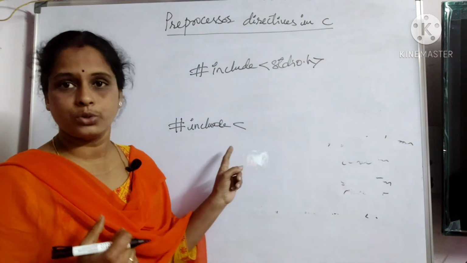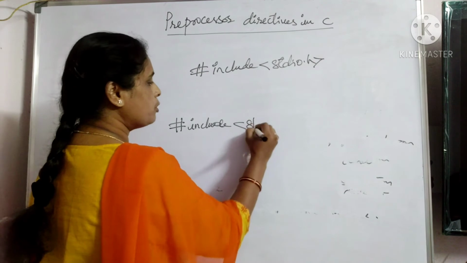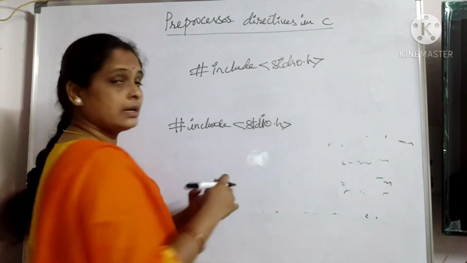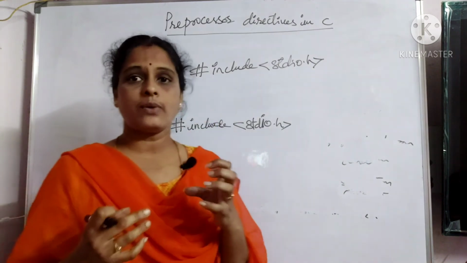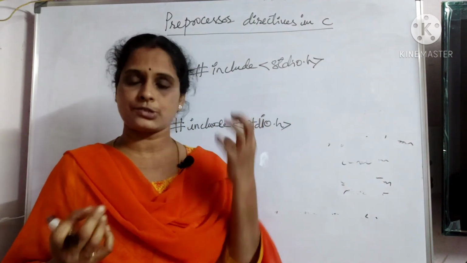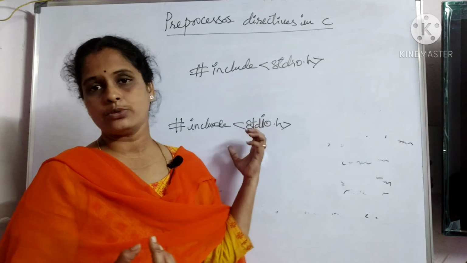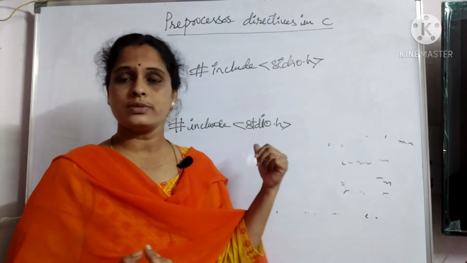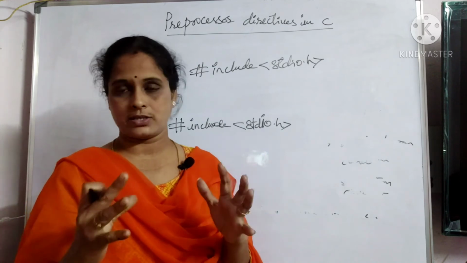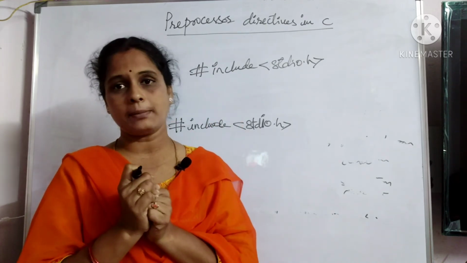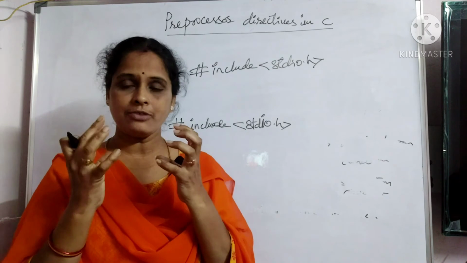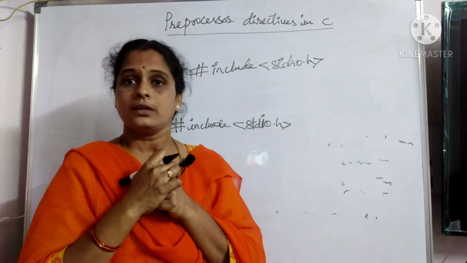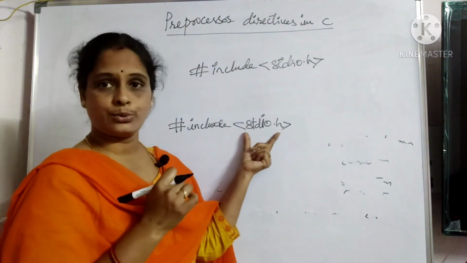Mostly the most common one is stdio.h, and depending on the requirement of my program, if I'm using string manipulating functions, I may use string.h. If I'm using character type functions, I may use ctype.h, and so on. Whatever files have to be taken from the C library have to be included here.